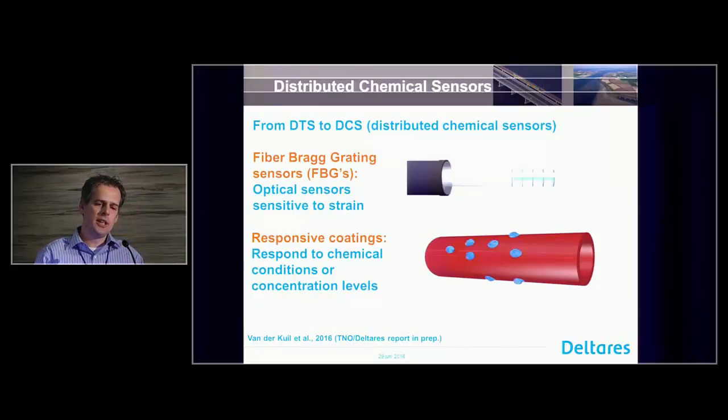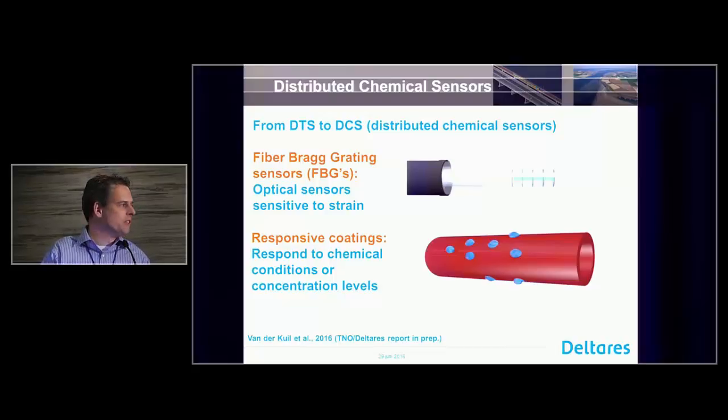Then it's actually quite a small step from this temperature sensing to distributed chemical sensing. The only thing we have to use are these quite new fiber grating sensors. They are sensitive to strain.